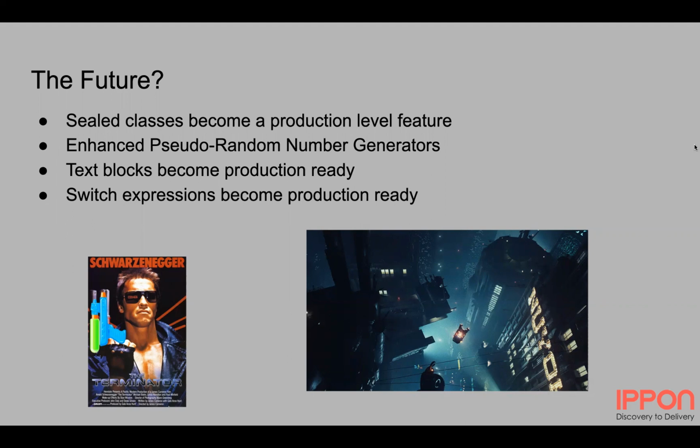This cool thing, I just saw this the other day actually, is an enhanced pseudo random number generator, which there doesn't seem to be much information about yet, but I thought that sounded pretty cool. It sounds like it's proposed to be coming in Java 17. And then text blocks and switch expressions are also in 17 going to be production ready. So that's what's to come.